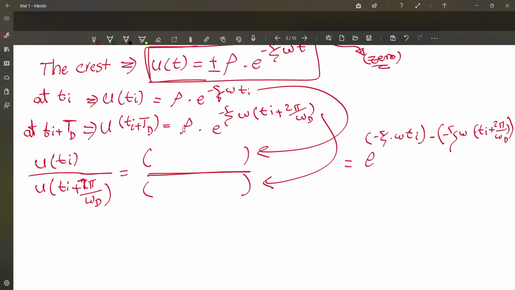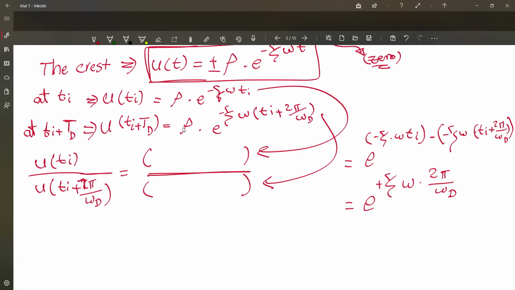If you rearrange this, you're going to find it equals e raised to psi omega times 2 pi over omega d, right? This is what we are going to end up with. So this is the ratio between u of ti and u of ti plus 2 pi over omega d.